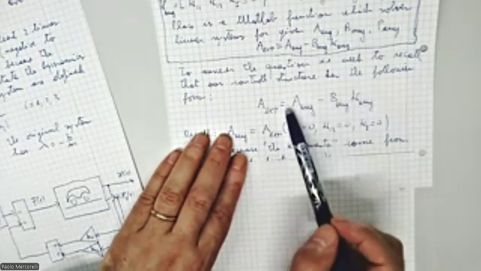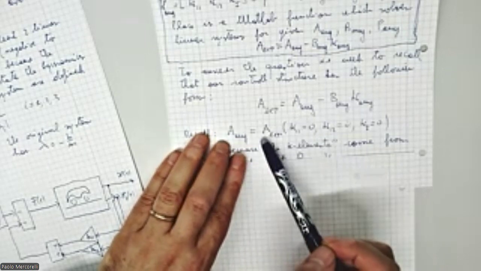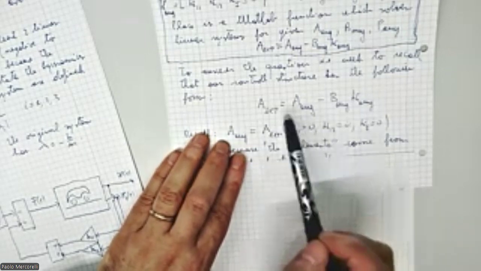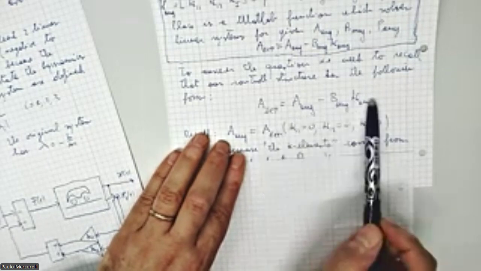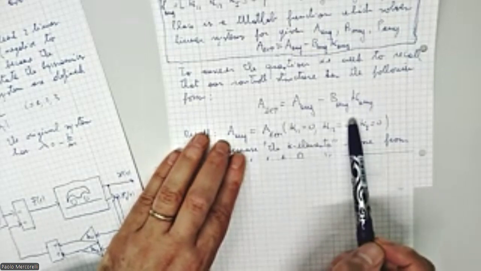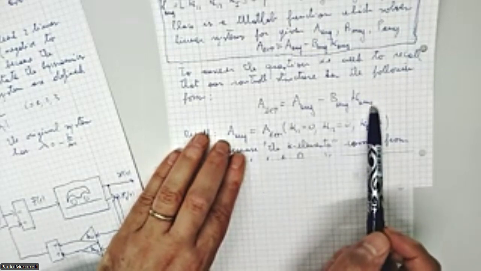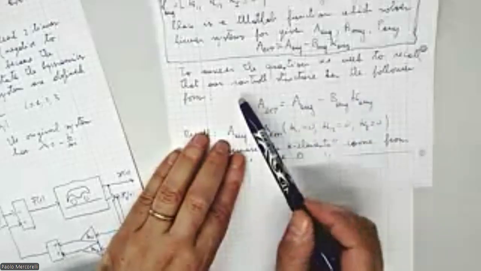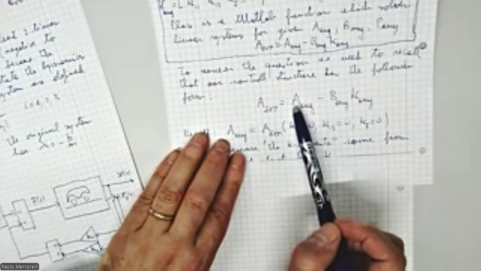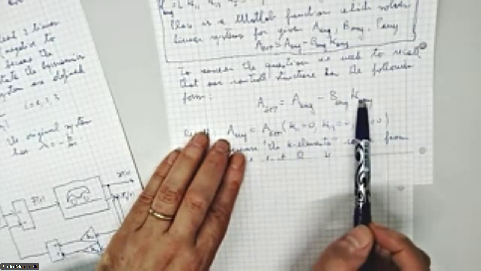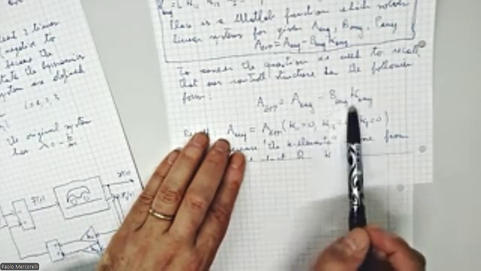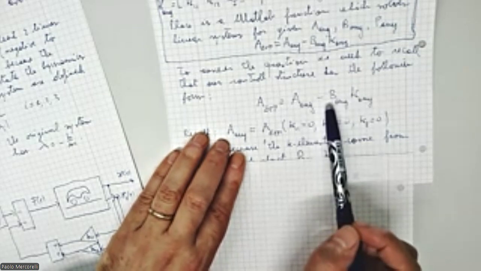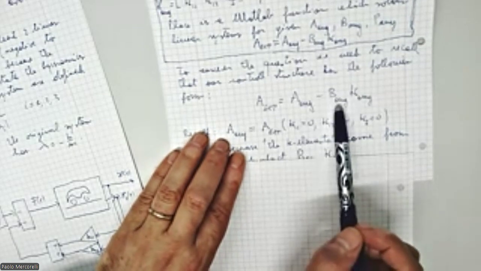This means A augmented is A extended calculated at this point. Then, using this product here, we can apply the identity. This is easy, because now we know what A augmented is, and we know what K augmented is. It is easy to calculate or to define B augmented.